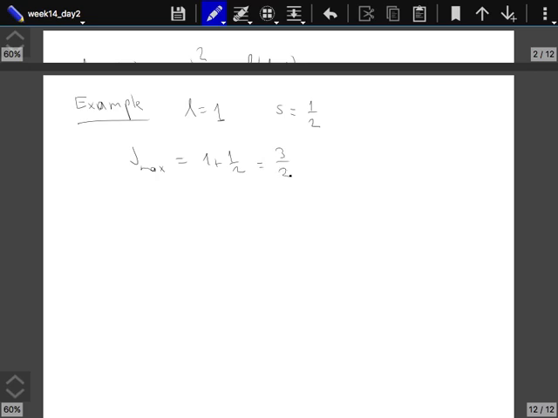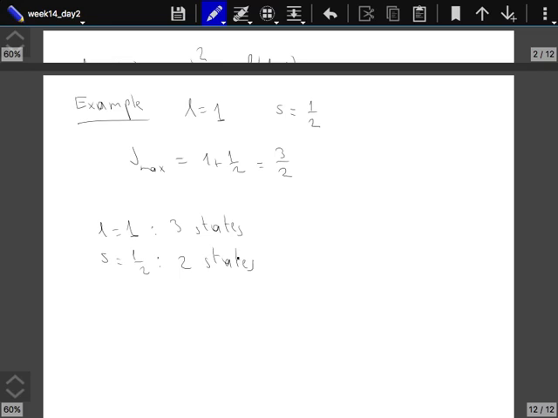Now, first of all, let's count how many states there will be. Well, you see, L is equal to 1 corresponds to 3 states, 3 possible values of M. S is equal to 1/2 corresponds to 2 states, corresponding to the 2 possible values of Ms. And this spin and the angular momentum properties are independent properties in the sense that you can just combine them in whichever way you like.